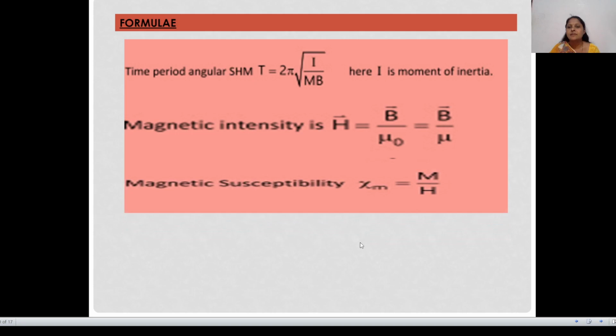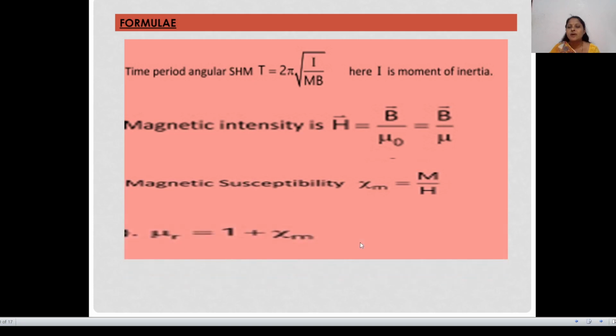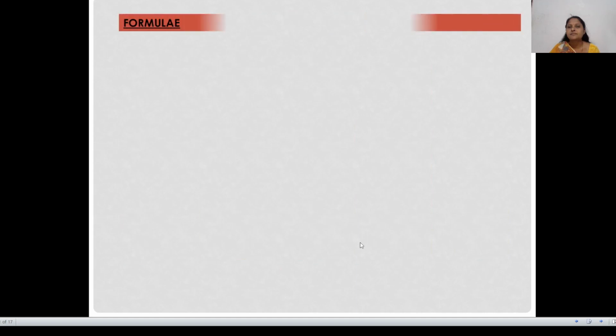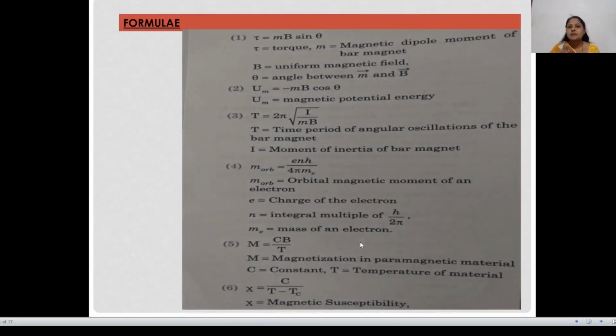Magnetic susceptibility psi m is equal to M by H. Mu r is equal to 1 plus psi m. Next, torque is equal to mB sin theta.